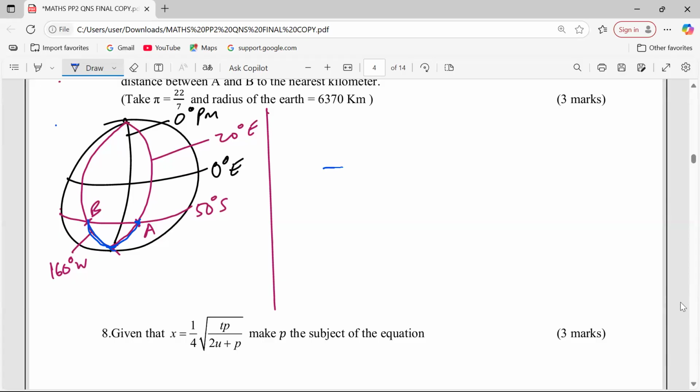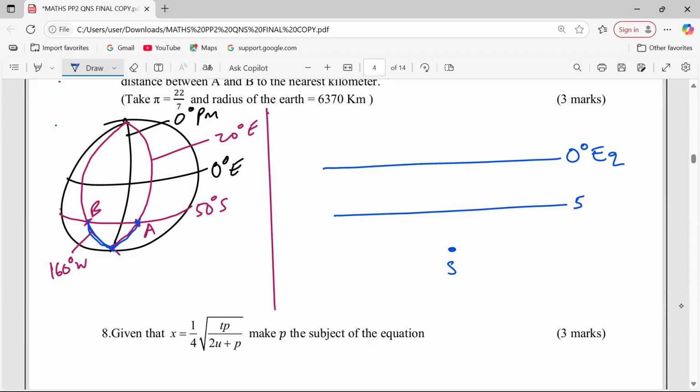So if this is the equator, 0 degrees equator, then we are having the South Pole here. Then we are having the other latitude here, 50 degrees in the south, that way. We are saying that there is an angle that we are measuring from the axis of the Earth, there is an angle of 50 here.